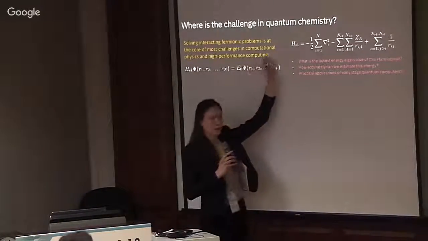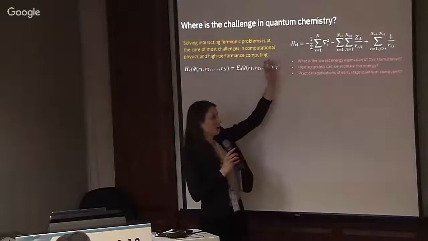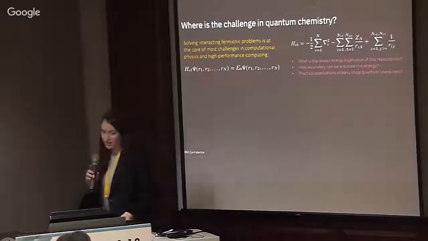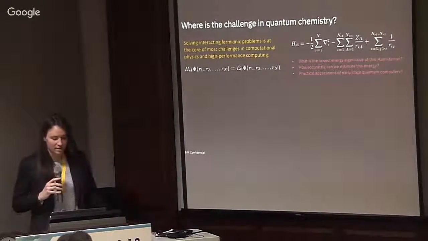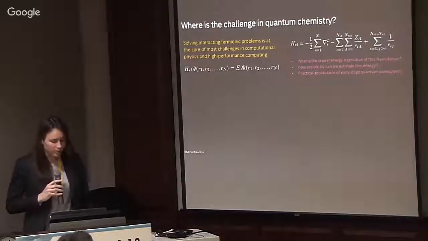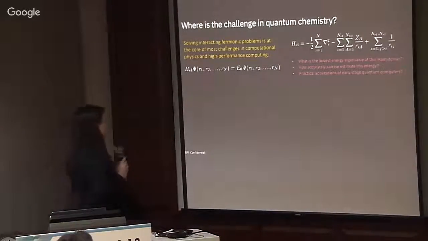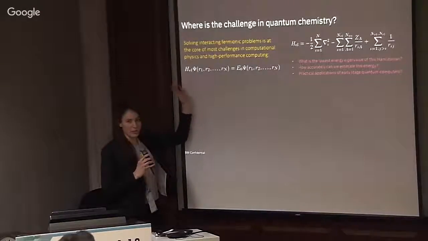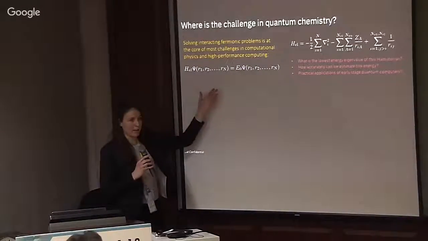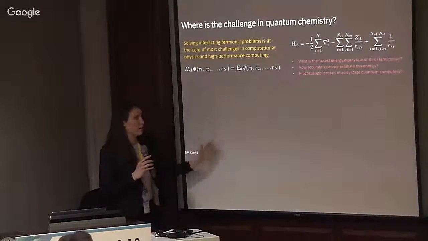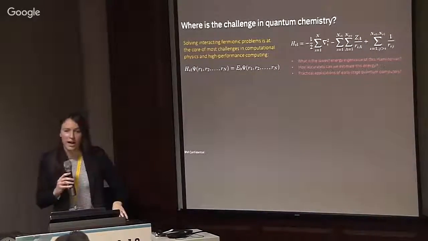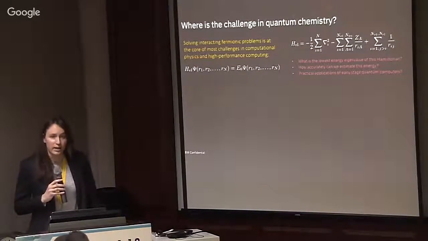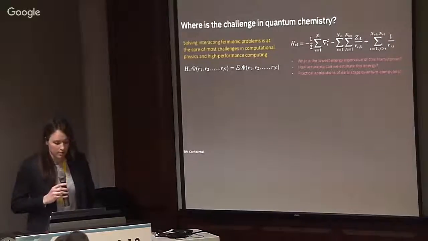For example, you could write down the Hamiltonian describing the electronic degrees of freedom in a molecule. And what you want to do is solve this eigenvalue eigenvector problem, where the smallest eigenvalue represents the ground state of this particular system.